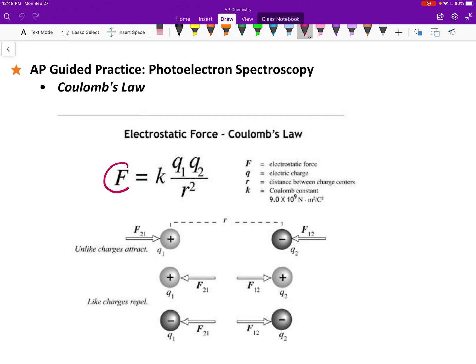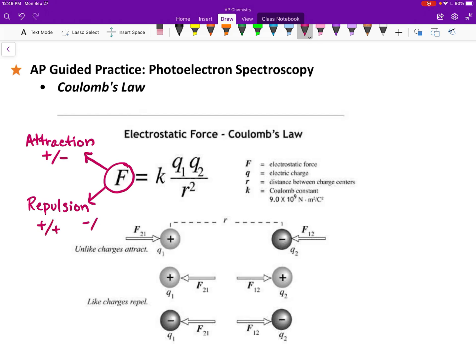So the first thing that we have is a force. This force can be either attraction, which is going to be if you have a positive and a negative charge, or repulsion as well.